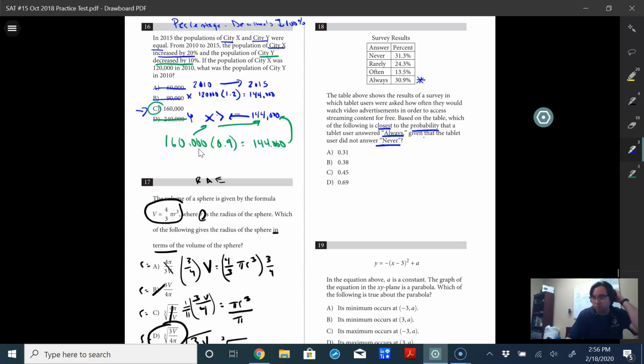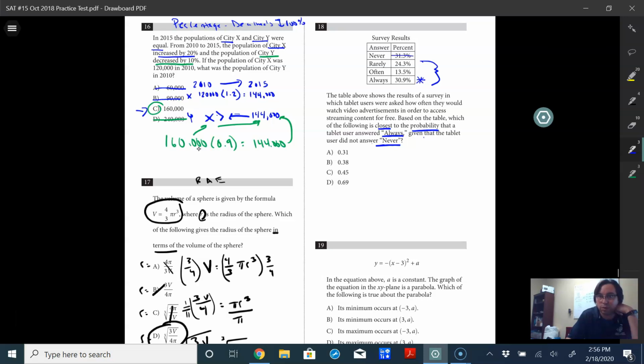Because the tablet user did not answer never, we're eliminating that piece.